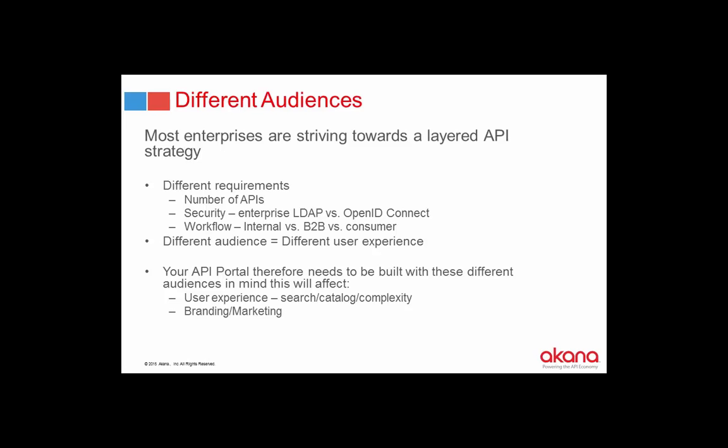If you think about an internal set of APIs, as Randy put it, the shared APIs at the bottom of the chart, there's going to be a large number of those APIs coming out of different applications within your organization. Or if you're looking at a B2B API strategy, you're probably going to have a fairly large number of APIs, maybe 10 or 20 or 30 APIs.